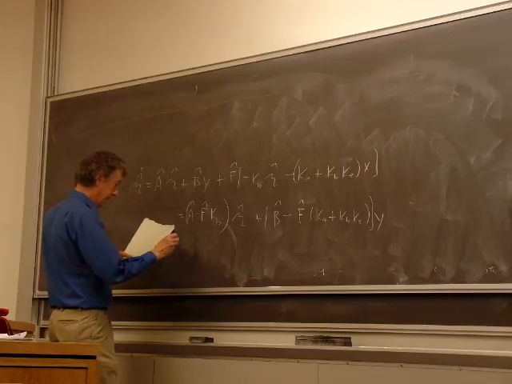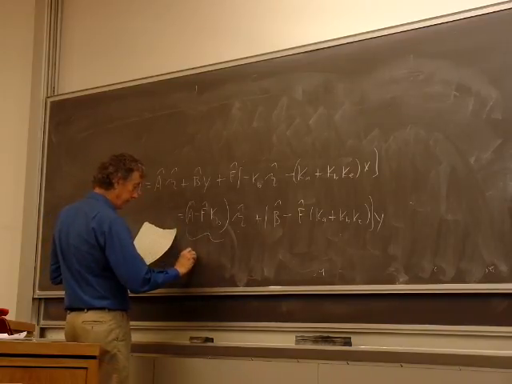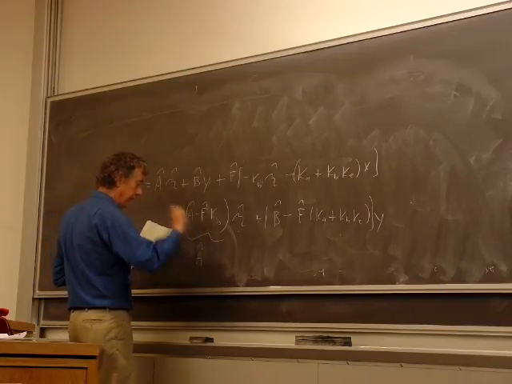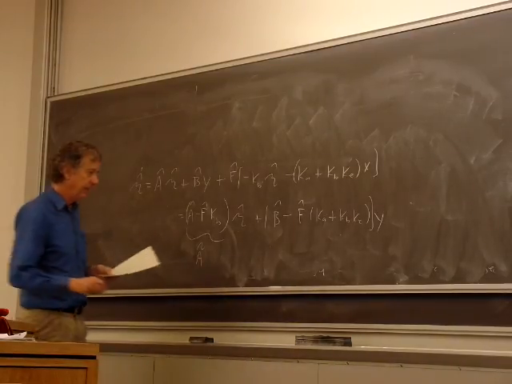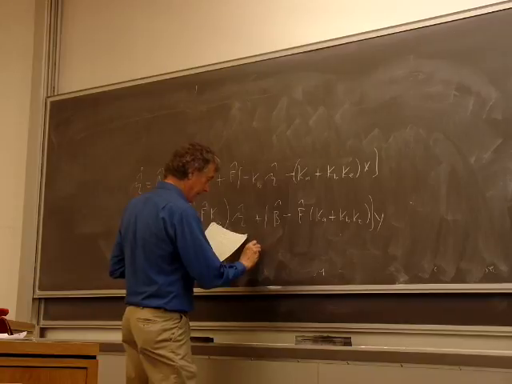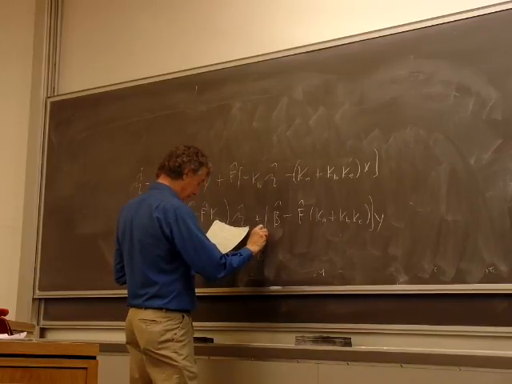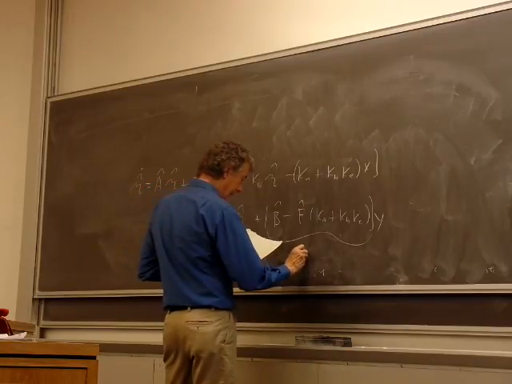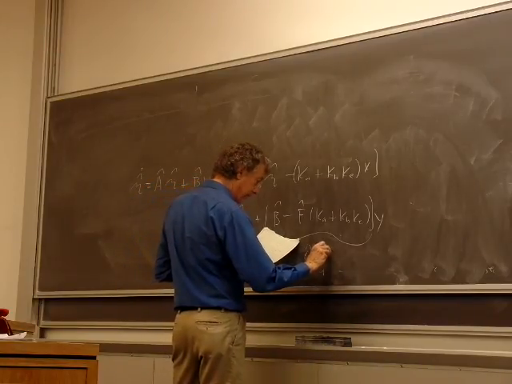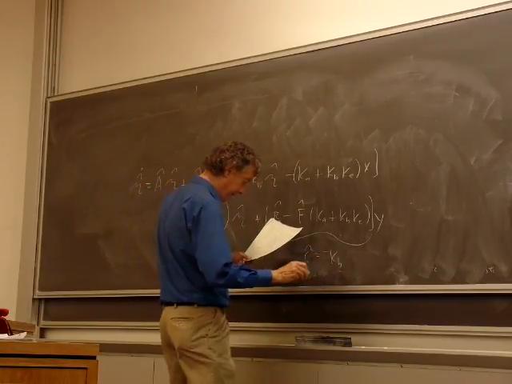So this will define as A tilde. B tilde will define as this whole part. And our C is minus Kb.